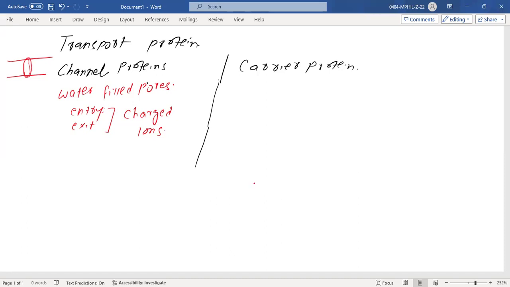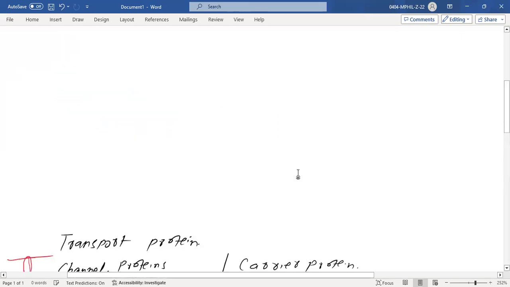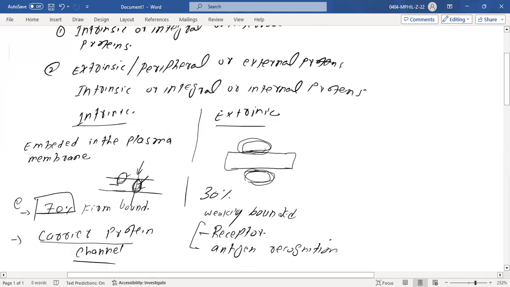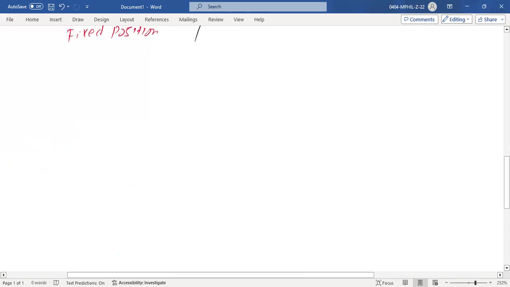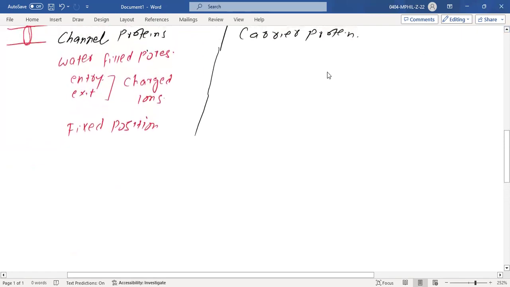Channels are fixed. They have a fixed position. On the other side, carrier proteins have some character. The carrier proteins transport molecules passively.